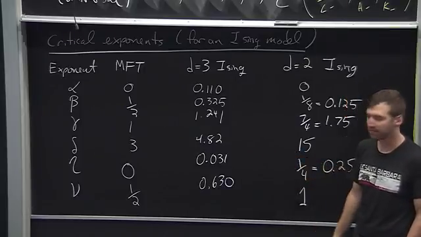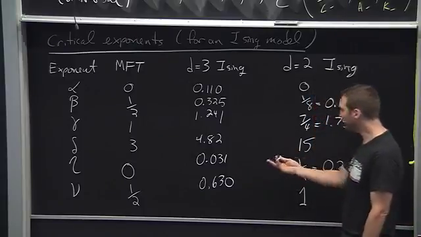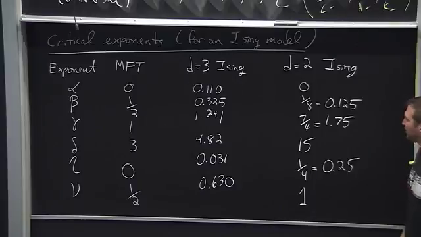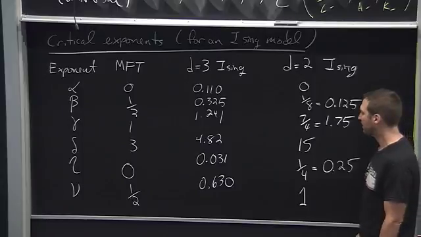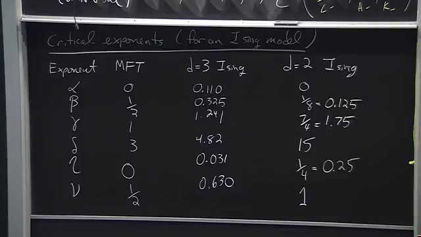So they're done numerically. There is no exact solution. They're different between dimensions, so that gives you a clue about what dependence these exponents have. They definitely depend on dimension. You should believe that they depend somehow on the symmetry of the Hamiltonian.